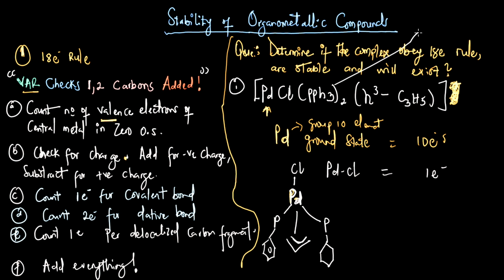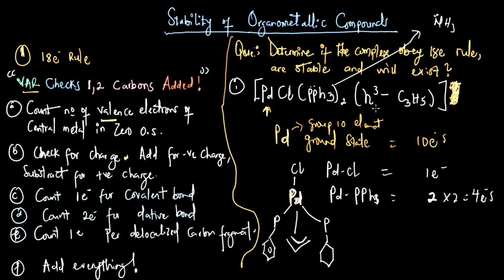This is similar to having ammonia, which has a lone pair of electrons. This also has a lone pair of electrons, which makes it possible for it to undergo the dative bond. PPh3, this is the dative bond, right? So we have 2 here, and we are simply putting 2 for each. That will be 2 times 2, which is 4 electrons, right?